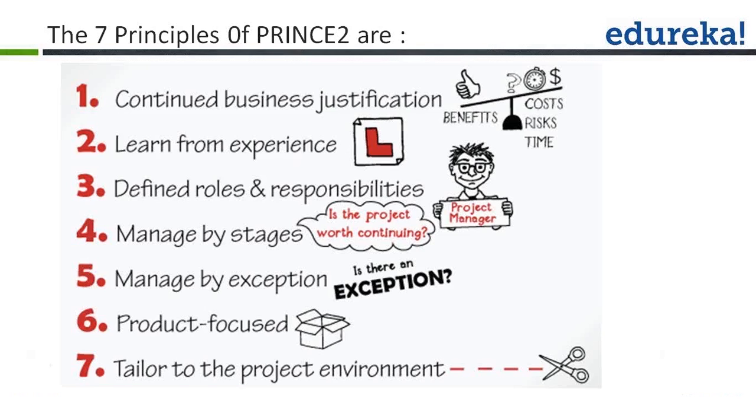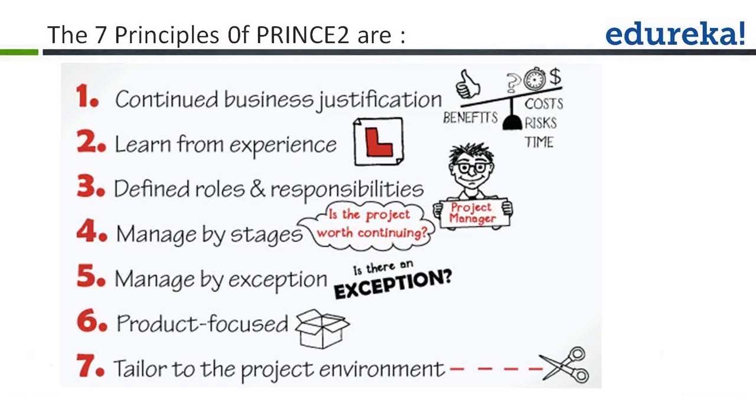In PRINCE2, the project starts based on the lessons learned from past projects. When you start a project, you must consider whether you have done a similar kind of project before, or whether it has been done by your organization or some other organization you are aware of, and capture the lessons learned that are relevant to your project.